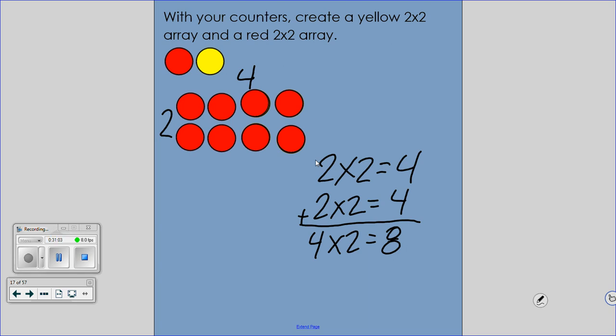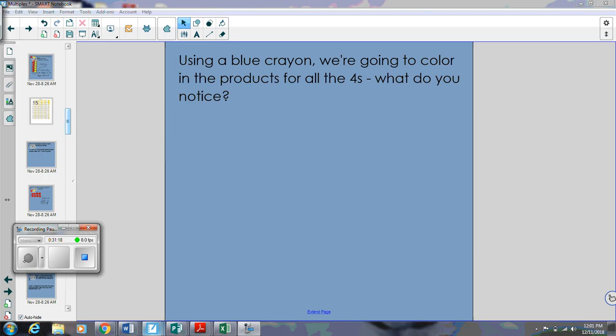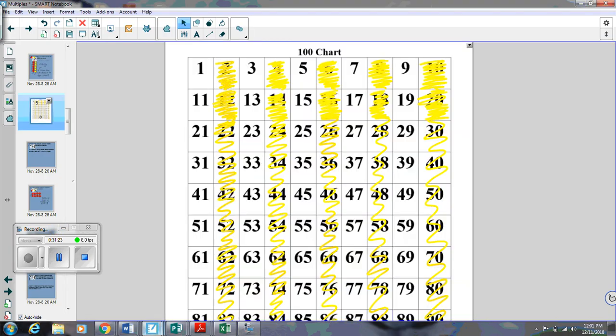Sabrina? I realized that every single one equals every single one down. Alright, so we're going to color in our hundreds chart all the products for our 4s blue.